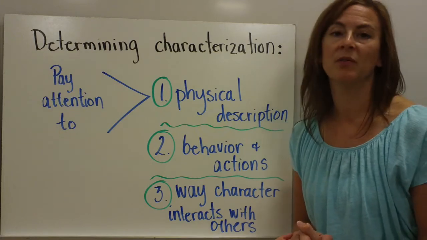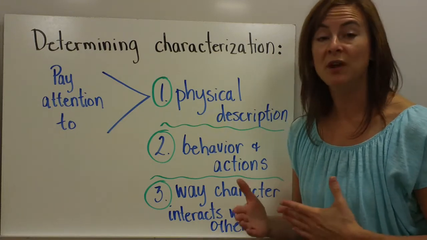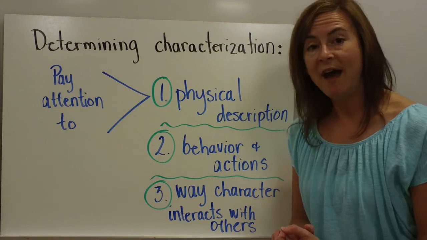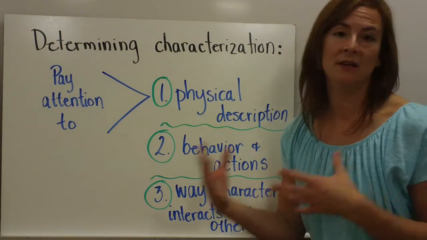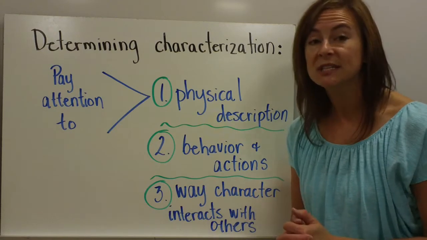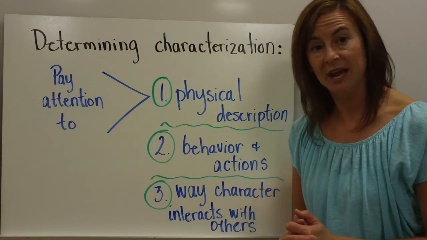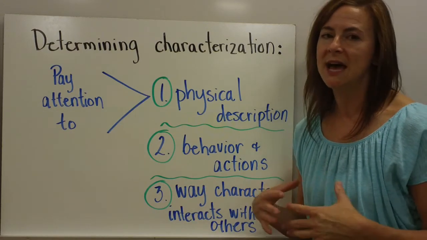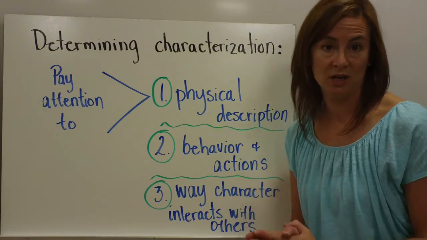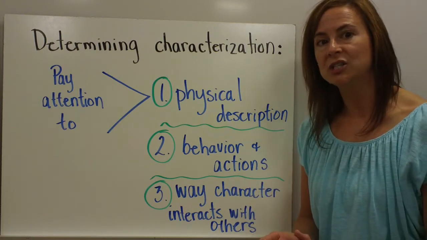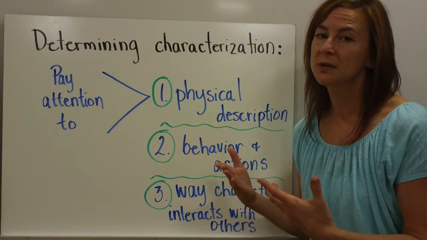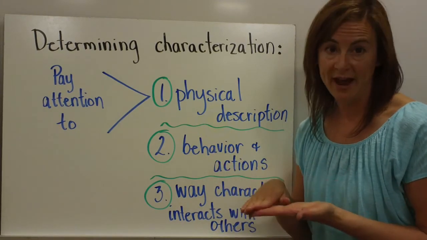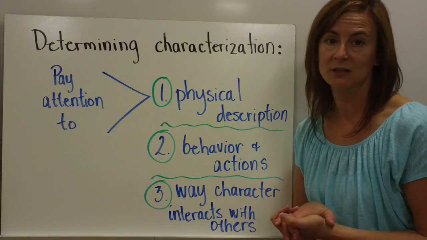And I want you to come up with one character in a movie or a story you've read that has changed from the start of the story to the end of the story. They've changed their actions, they've changed how they are thinking. And then I want you to think, is that character, that dynamic character, would you consider that character round, really well described, deeply described, or would you consider that character pretty flat, just one dimension to that character?